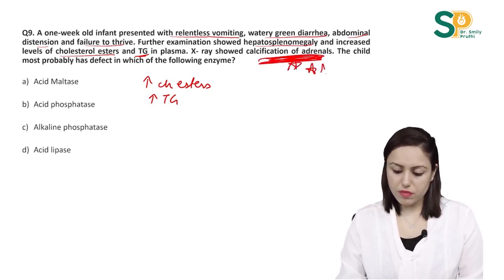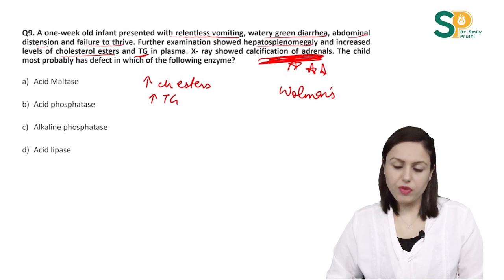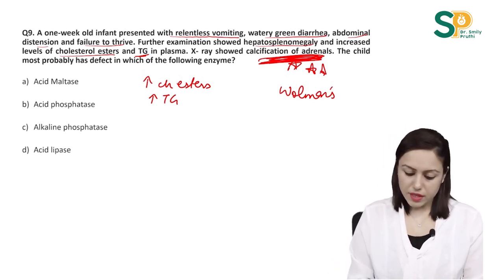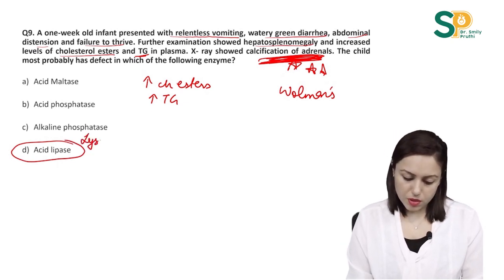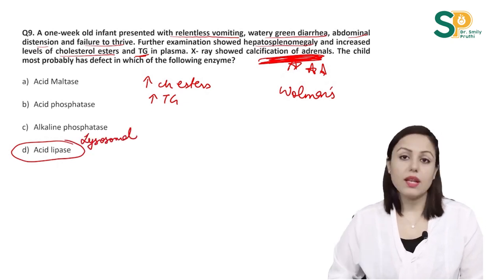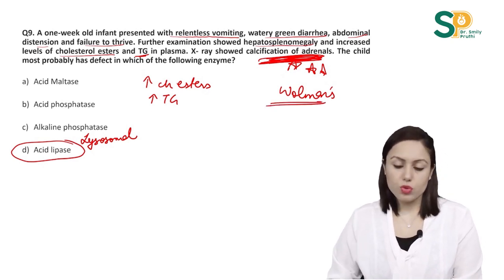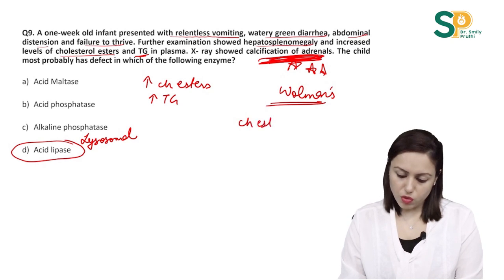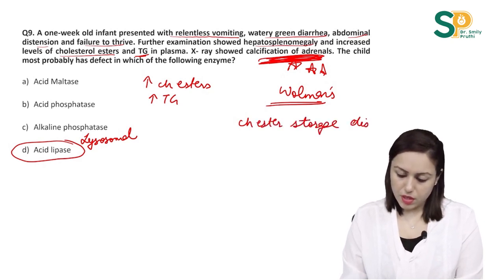This is a characteristic feature of Wolman's disease. The child most probably has a defect in which of the following? In Wolman disease, the enzyme defective is lysosomal acid lipase, right? So Wolman's disease is also known as cholesterol ester storage disease.